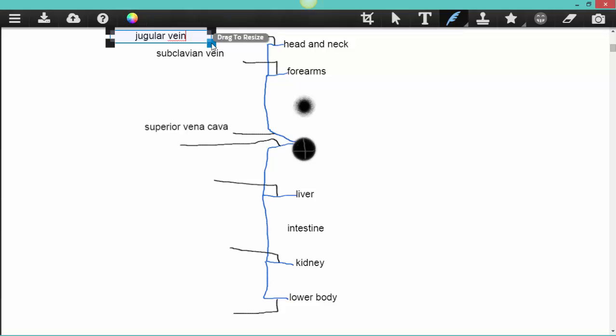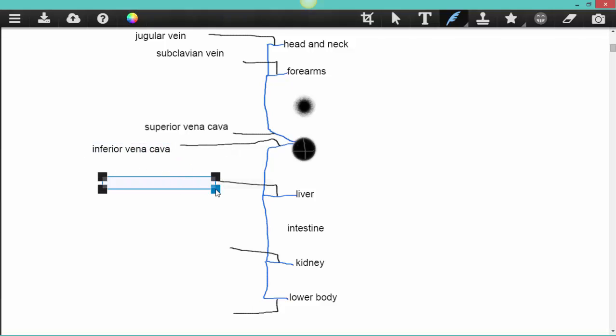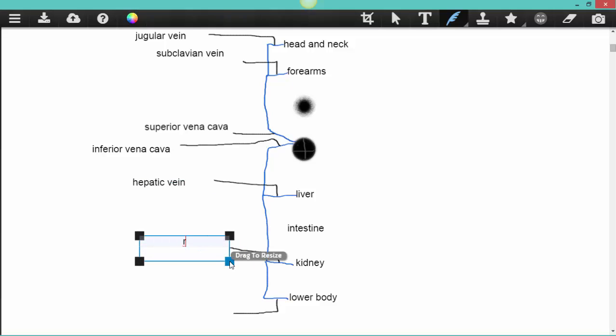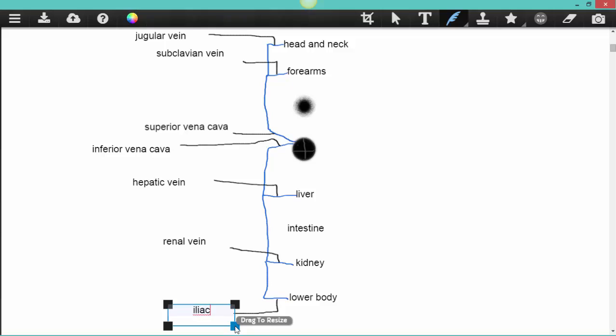And inferior vena cava is made by, let's label that. This is made up of the hepatic vein from the liver, the renal vein from the kidney, and the iliac vein from the lower body.